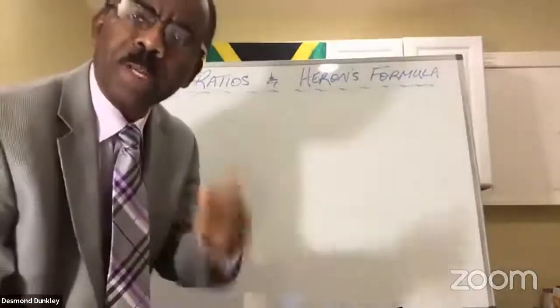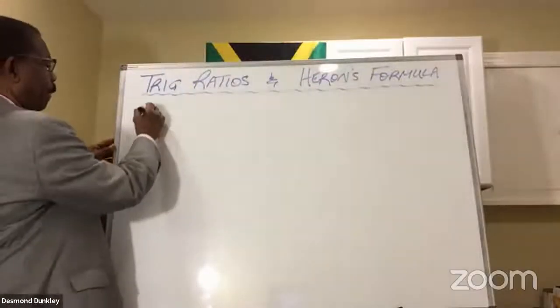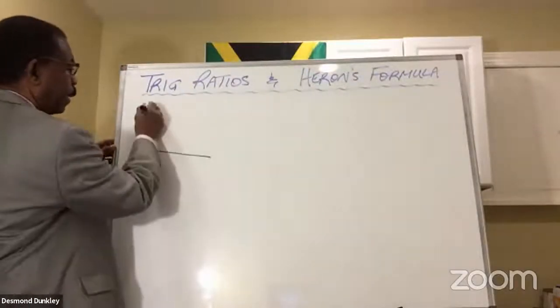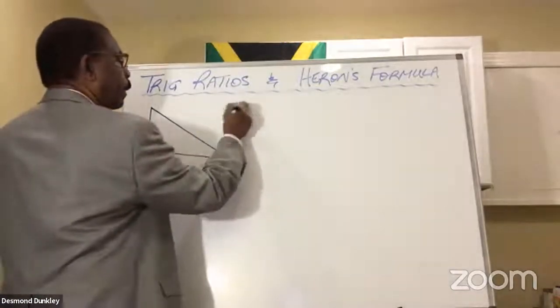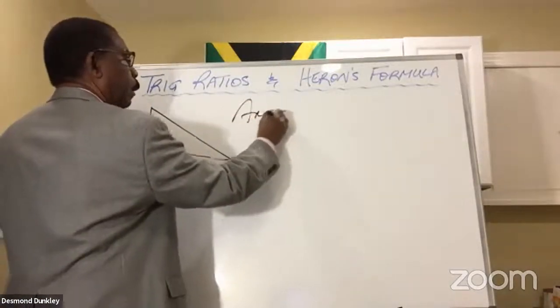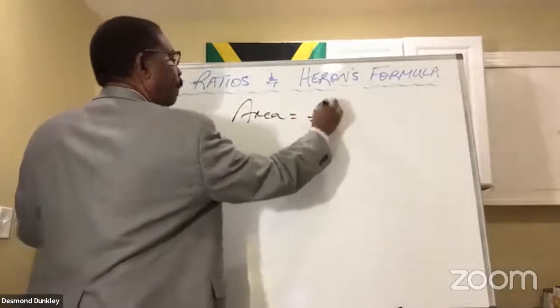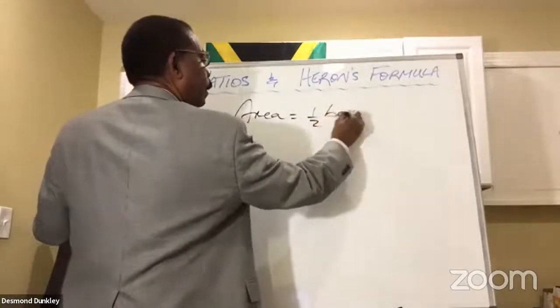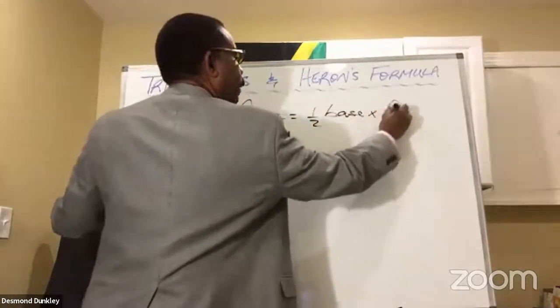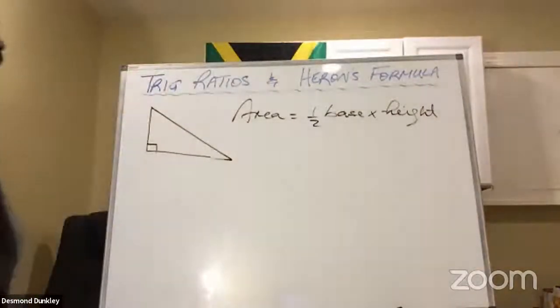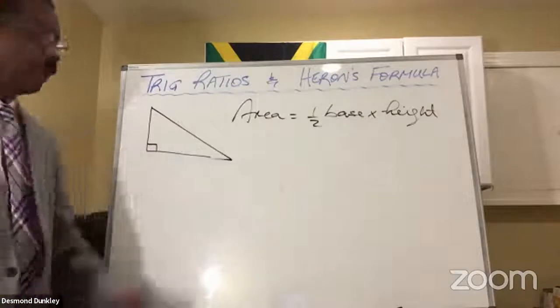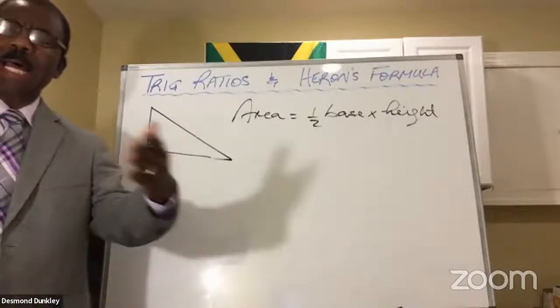In a previous session, we discussed that if you have a right triangle, then the area is equal to a half base times height. But in order for you to be able to do this, you need to know the base and you need to know the height.